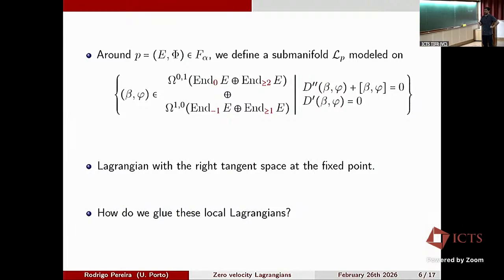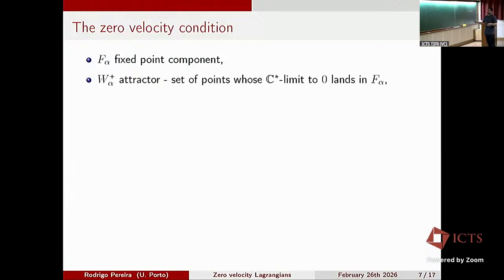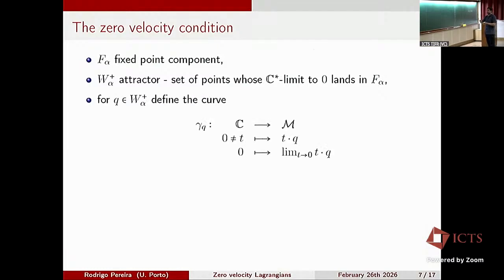So you need to find, okay, how are we going to glue these local things? So you're going to consider an entire fixed point component, and the collection of all the upward flows, also sometimes called the attractor. So everything that flows to that particular fixed point component, and you're going to keep track of each point as it reaches its limit via this curve.